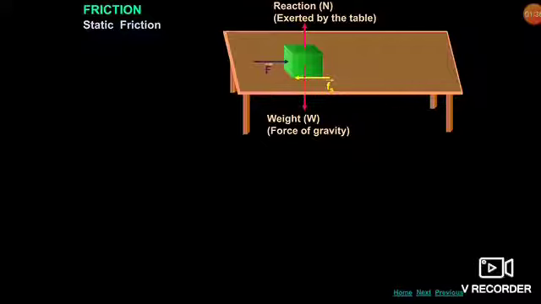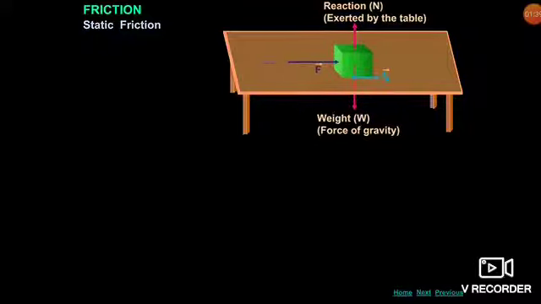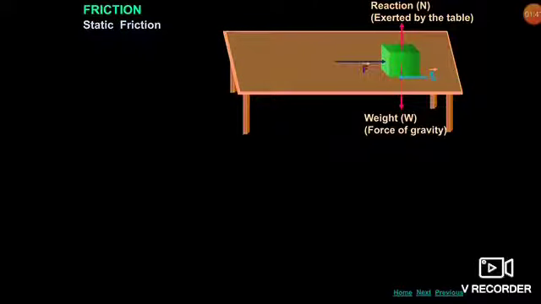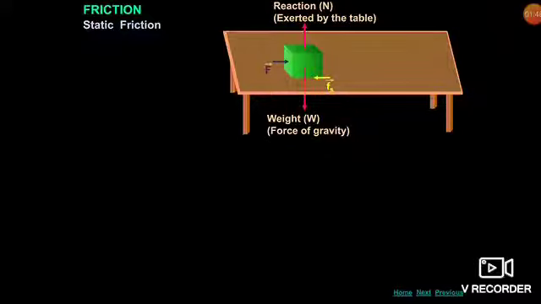Now you can see, we are applying force and we have just moved this body from one point to another point. Now what will happen in this condition? Again see this effect. When force was applied, static friction was there, and next we have just increased the force. If you see very closely, we have just applied more force.